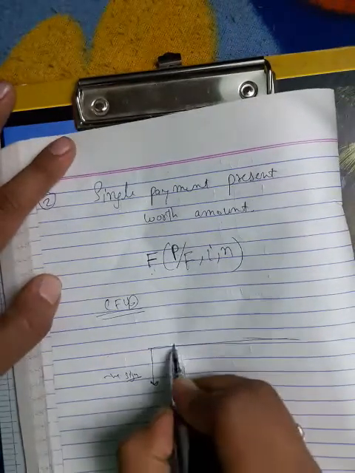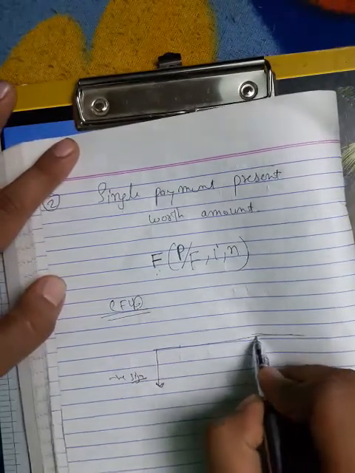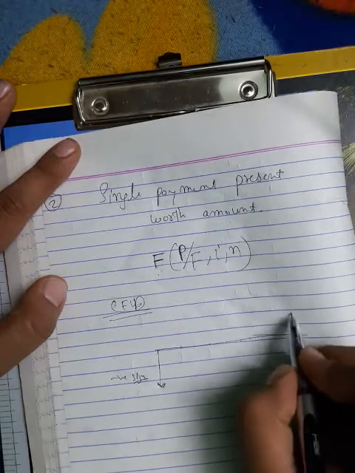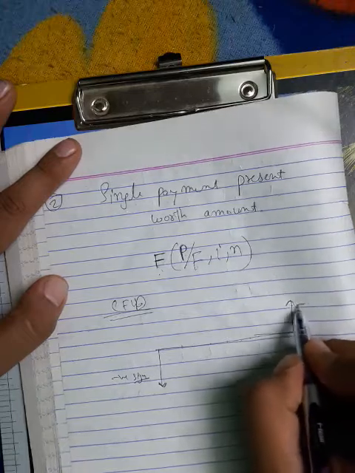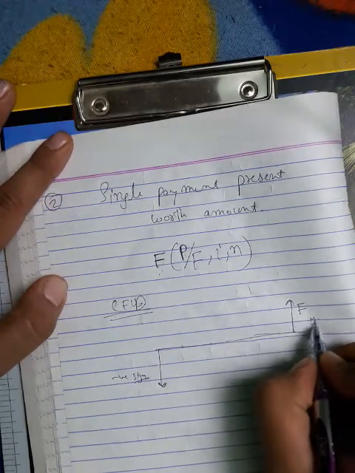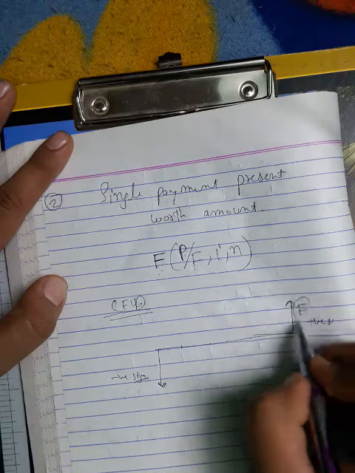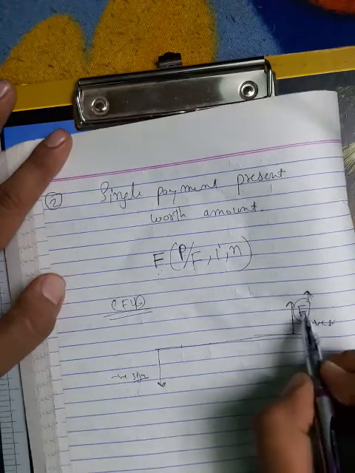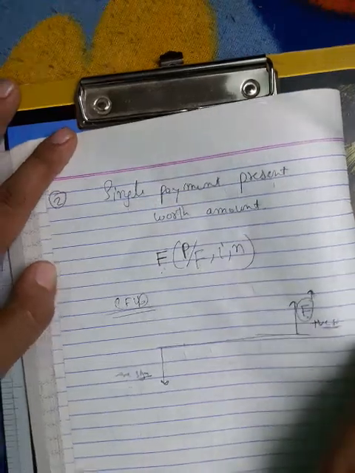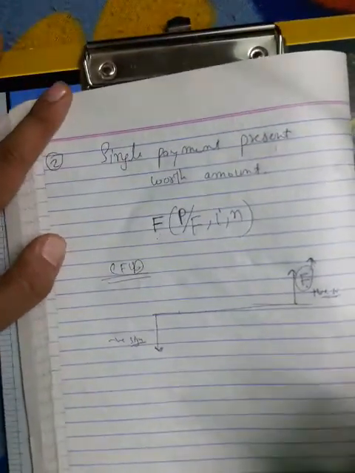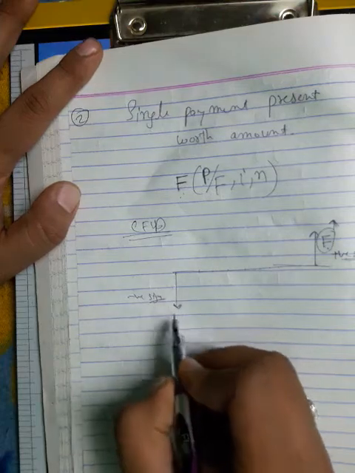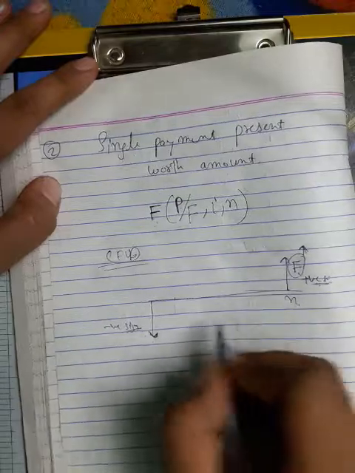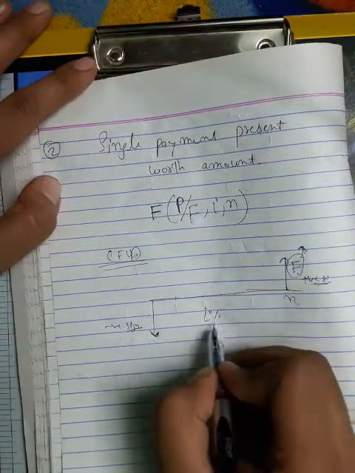And for n number of periods, that fixed amount of money F that I need to get is a positive sign, since this is going to be earned by you. It is your income. You are going to invest now, so it is downward, and it has n periods and an interest rate i.